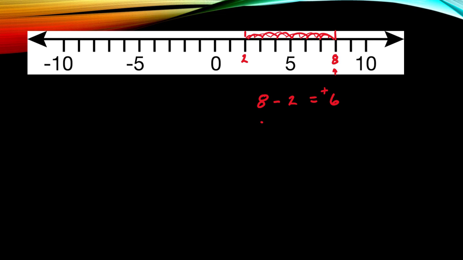So I could say 8 minus 6 equals 2. Now here's my distance, but here I had a negative number. And the way we handle that is to define something called the absolute value.